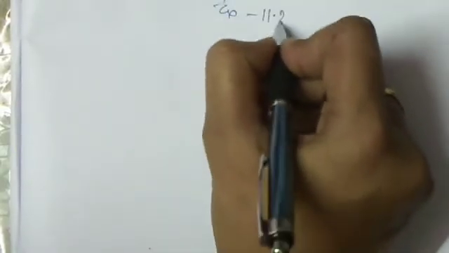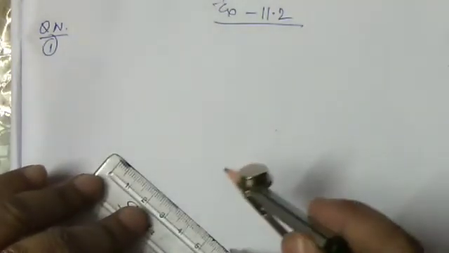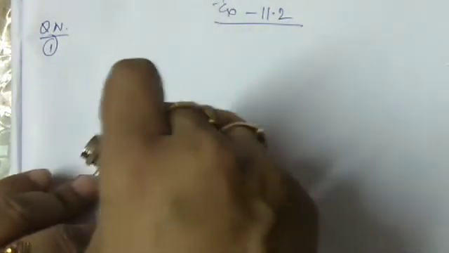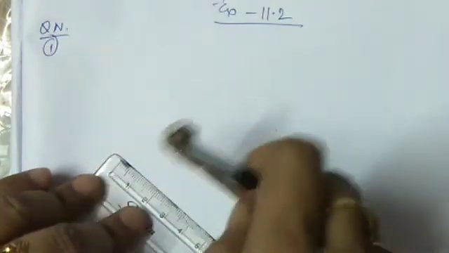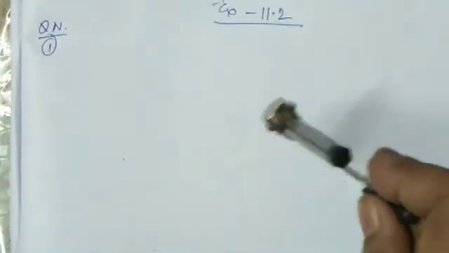Next question. Question number 1. Draw a circle of radius 6 centimeter and construct tangents from a point P, 10 centimeter away from the center. So what to do? This time the radius has to be taken as 6 centimeter. So I will take 6 centimeter radius.